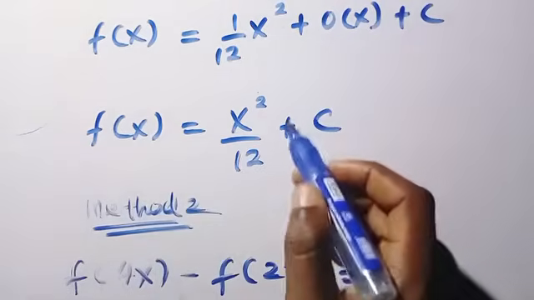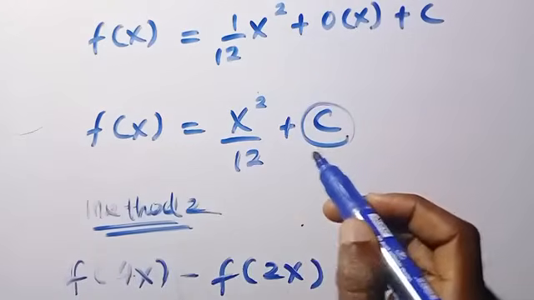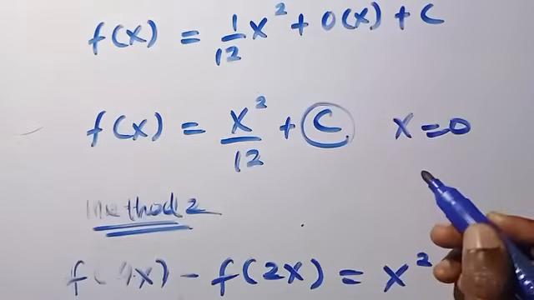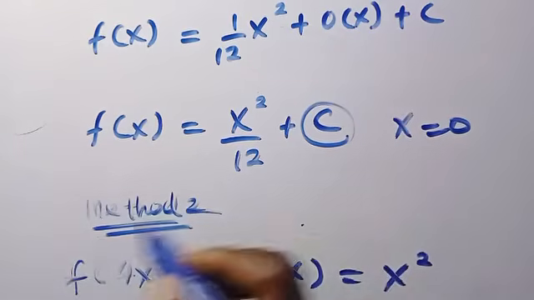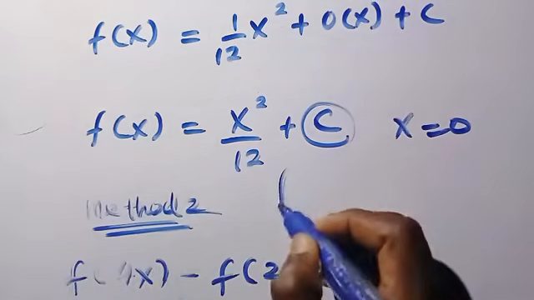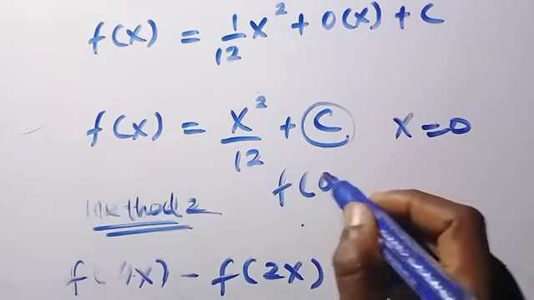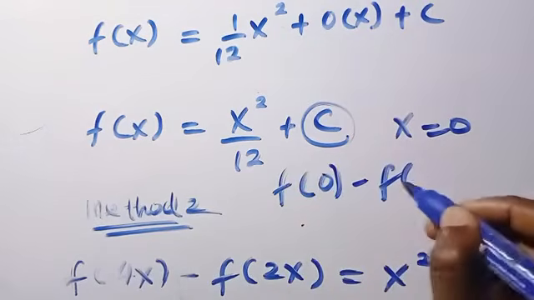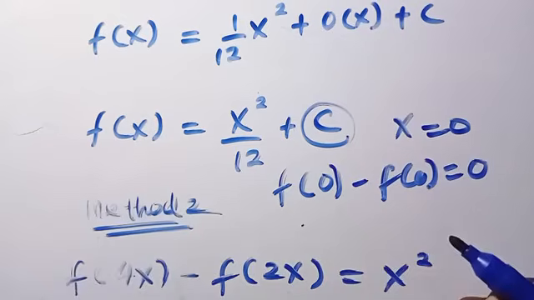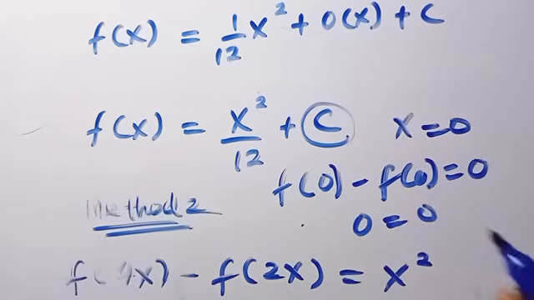Also, to verify that c is always constant, let's assume x equals 0. We substitute and check both sides. Substituting into f of 4x minus f of 2x, this becomes f of 0 minus f of 0, and everything equals 0. So all these are constant, which shows that 0 equals 0. We can still test another value, say x equals 5, and we get different things.